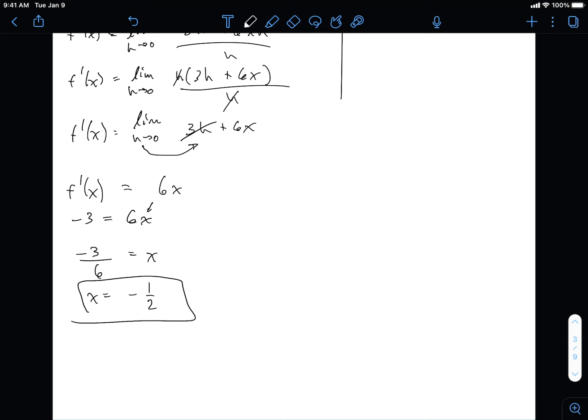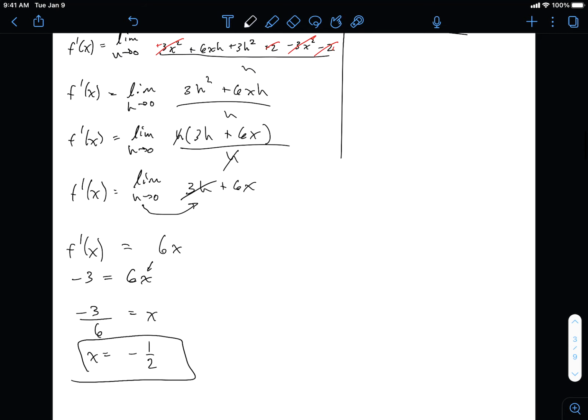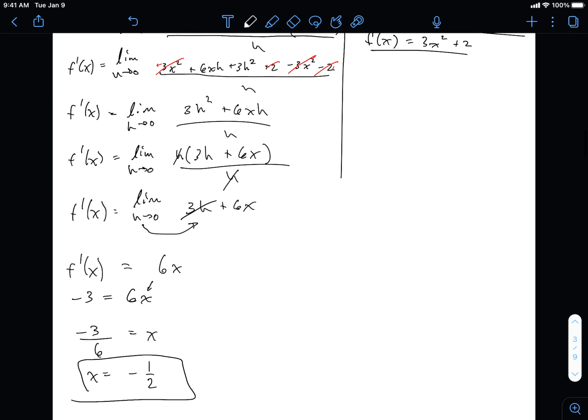Once you have that, you can go back to the original equation, because ultimately what we're interested in is the y value on the original equation f of x, not f prime of x, f of x.